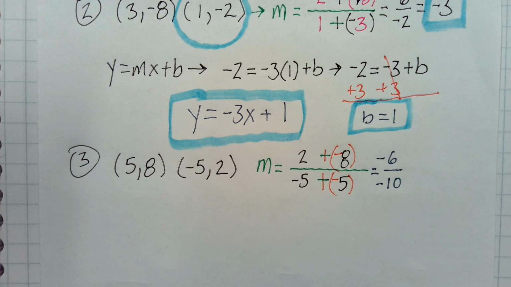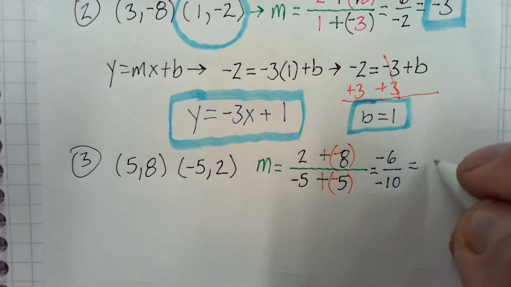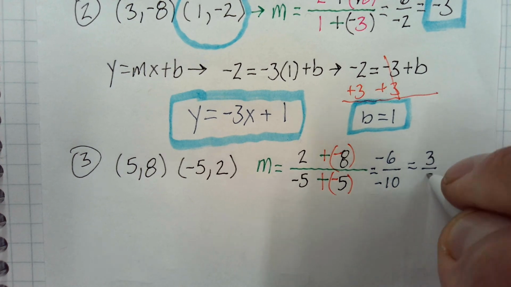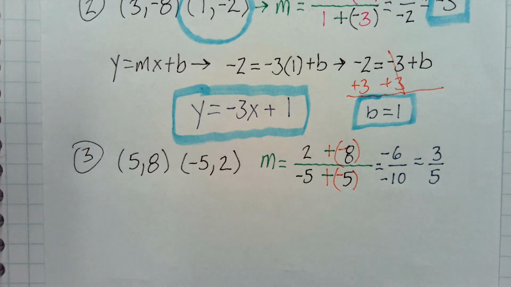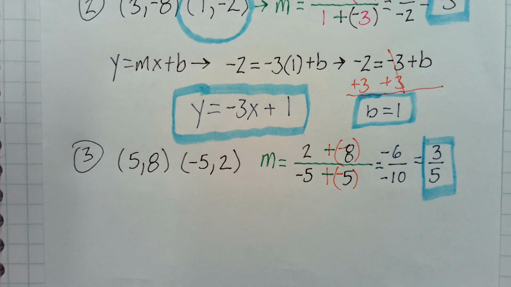We get -10. I could reduce that, right? I got -6 over -10. Divide by 2, 3 over 5. We got a fraction as a slope.